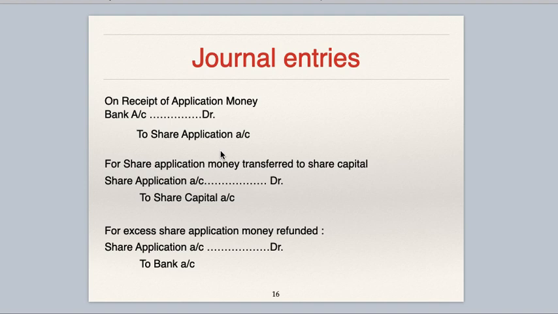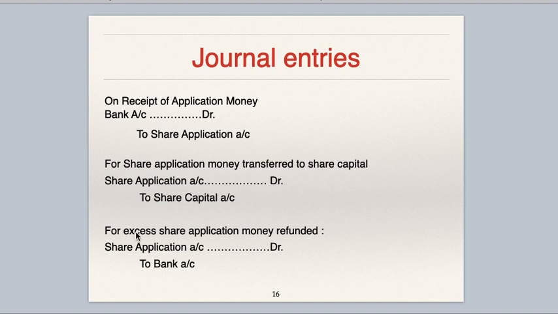These journal entries are: when company receives application money, bank account debit to share application account. And this share application money you are supposed to transfer to share capital. So share application account to share capital. So share application account 1 debit 1 credit, net effect is bank account debit to share capital with application money.